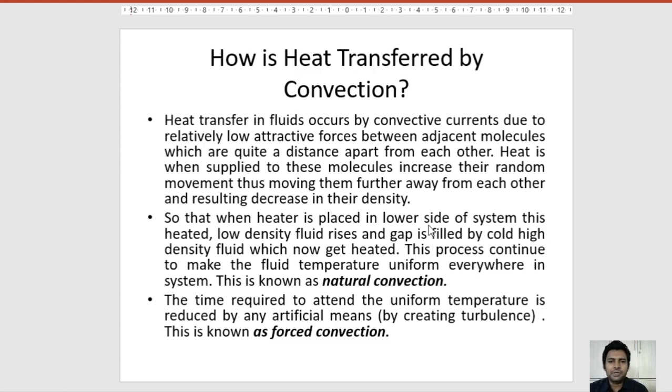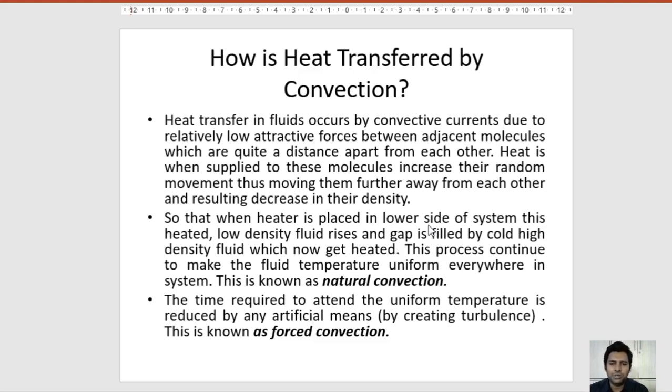Heat transfer in fluids occurs by convective current due to relatively low attractive forces between the adjacent molecules, which are quite a distance apart from each other. So when heat is supplied to these molecules, it increases their random movement, thus moving them further away from each other and resulting in a decrease in their density.